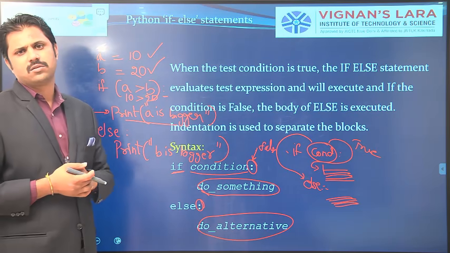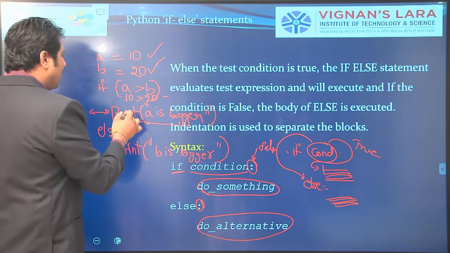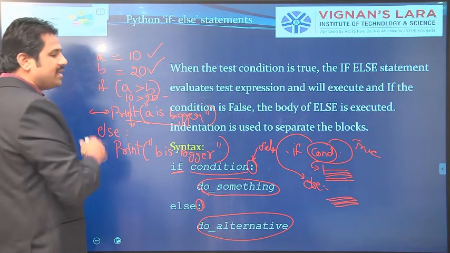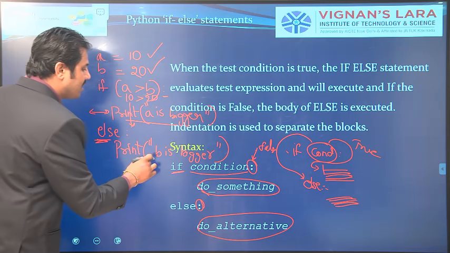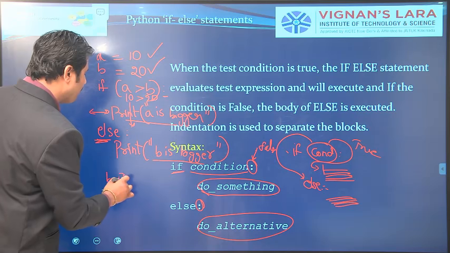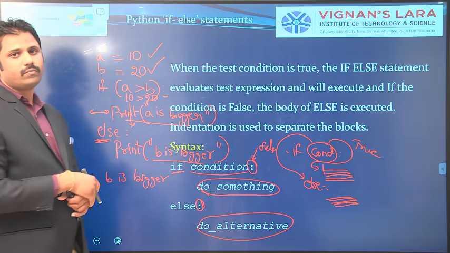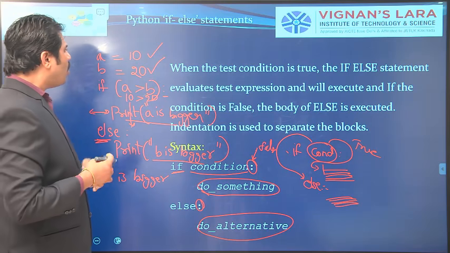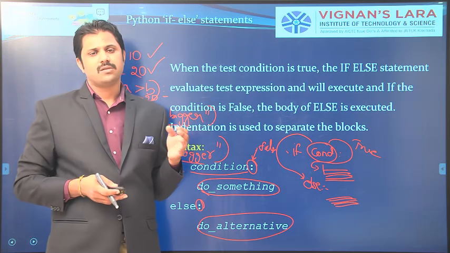Yes, it is false. Then it skips this statement. It simply skips this if block, goes to the else block and executes these statements. What is the statement? B is bigger. Okay, so these are if else statements.